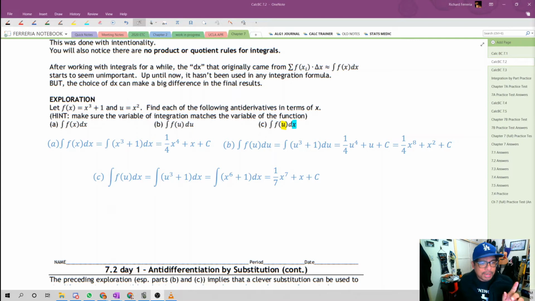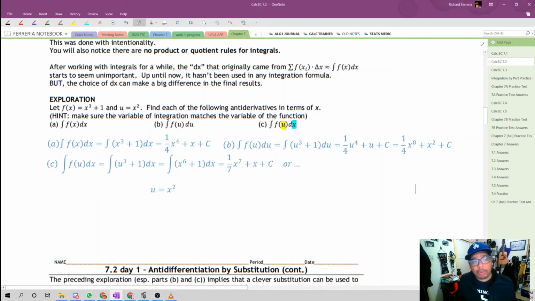But that's not the only way to arrive at 1/7 x to the 7th power plus c. What if instead of turning everything in terms of x, we turned everything in terms of u? We'll start with u being x squared. That leads us to du dx is 2x, which brings us to dx equals du over 2x.